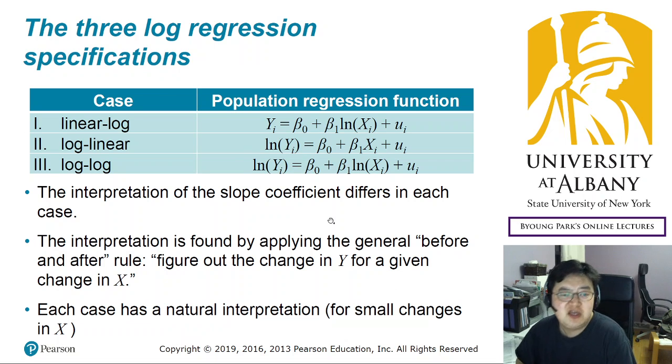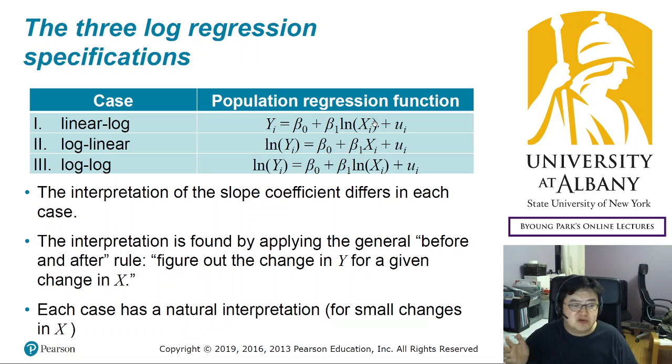Then we can think about three different regression functions: linear-log, log-linear, and log-log. The idea is the same, it just depends on where you take the log. You may take log on x, on y, or both. Implementation is pretty straightforward: you define log of x as theta and regress y on log of x, which is really simple and requires just two lines.